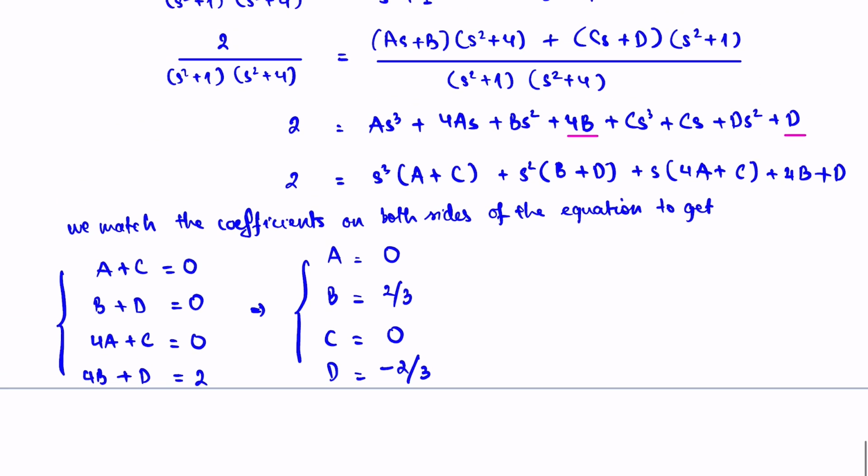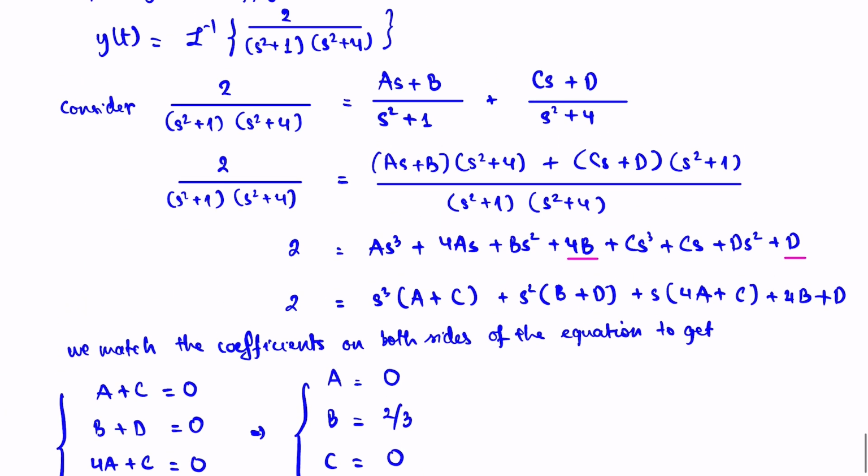And then going through the partial fraction decomposition, you would be able to separate this fraction into 2 different fractions, for A equal to 0, B is 2/3, C is equal to 0, and D is equal to negative 2/3.